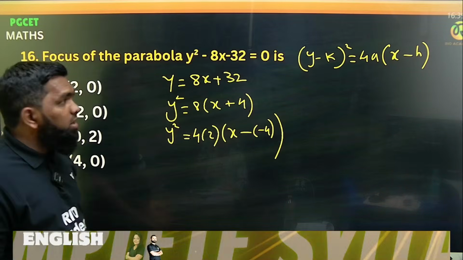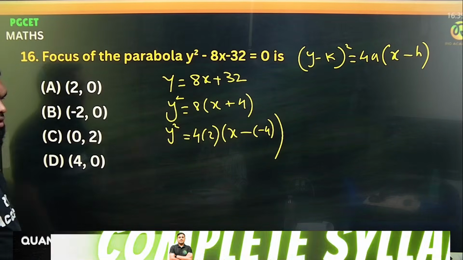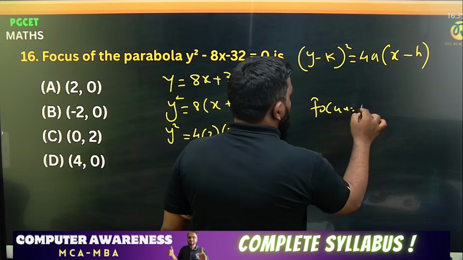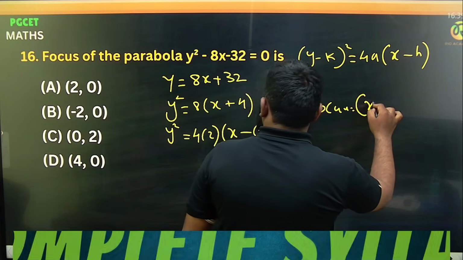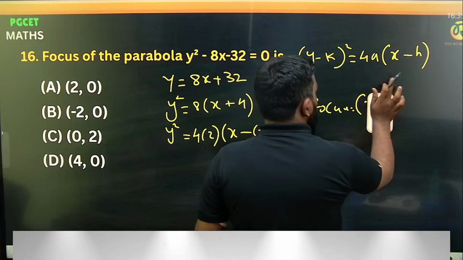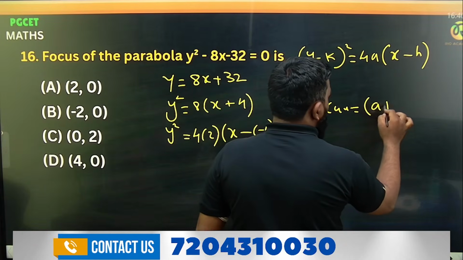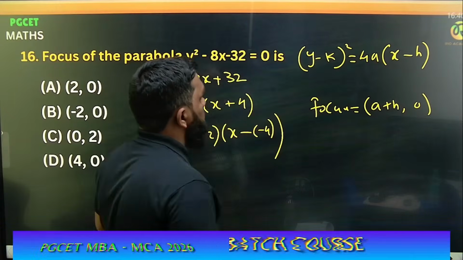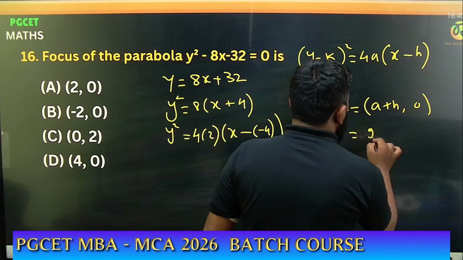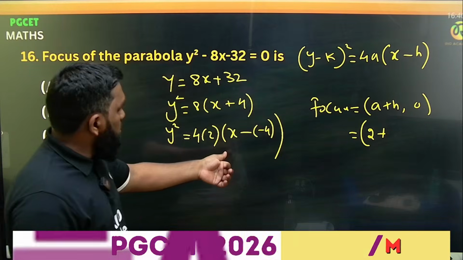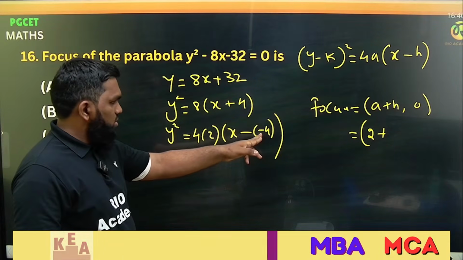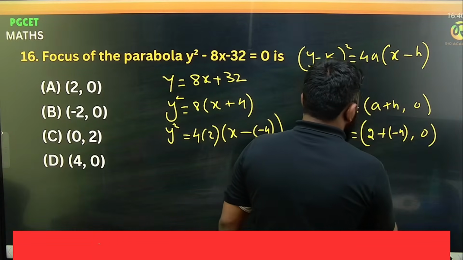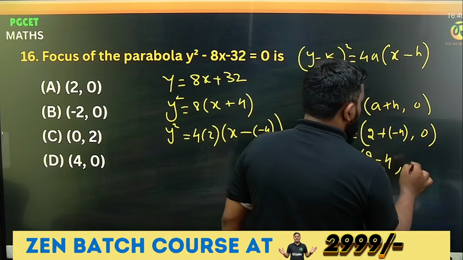We need to find the focus of the parabola. What is the formula for the focus? Focus is a plus h comma 0. What is the value of a? Value of a is 2. Plus h, what is h? Minus 4 comma 0. Now 2 minus 4 comma 0.